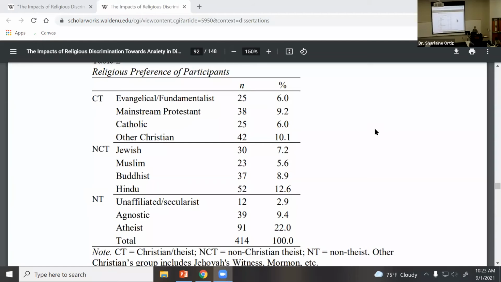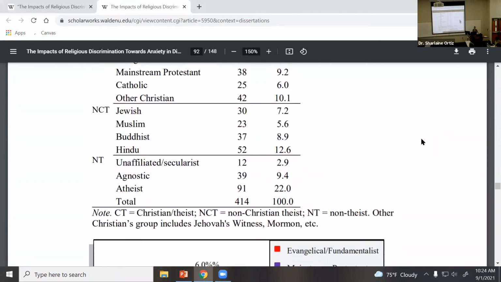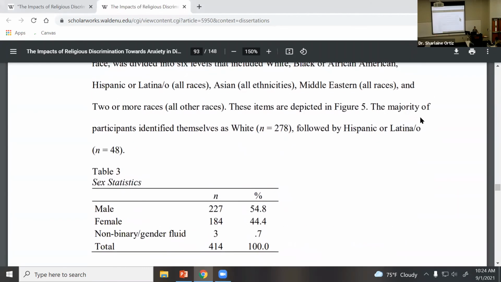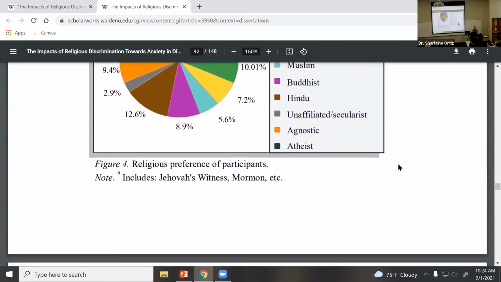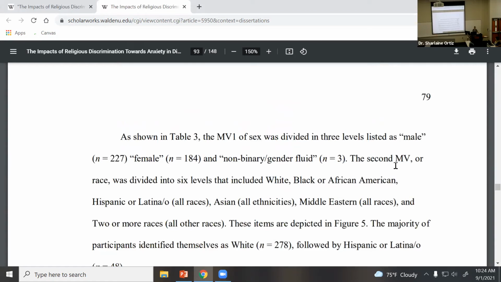I was interested in looking into different religious makeup or irreligious makeup of individuals. So simply, I am describing what I found in my research. Notice that I'm not explaining anything. In my results section, I am only showing you what I found.